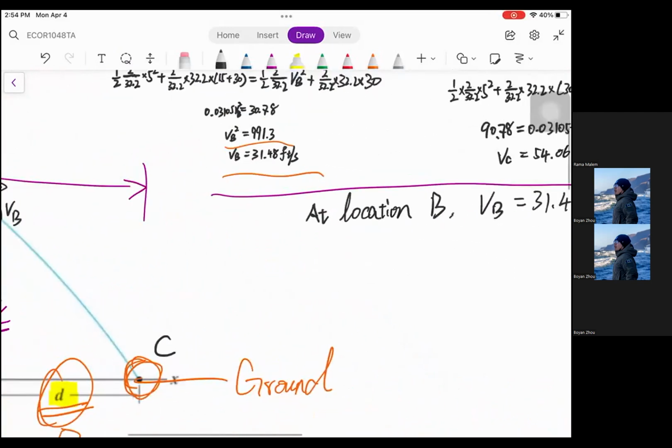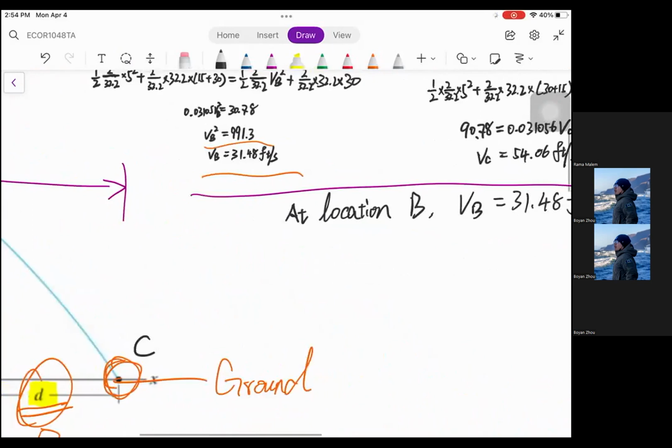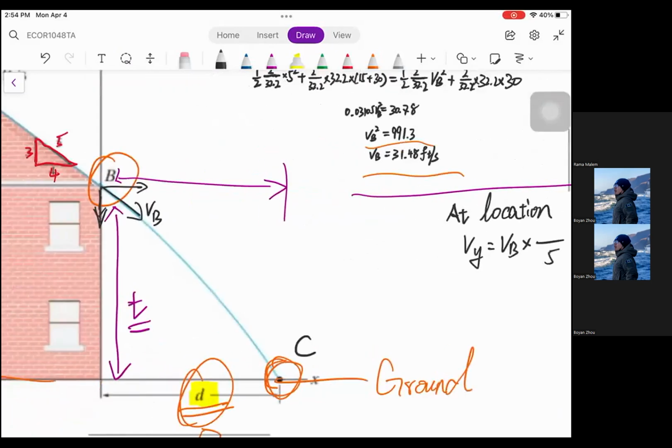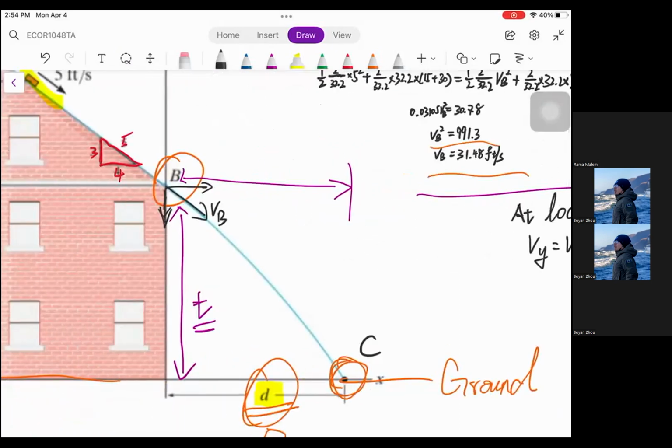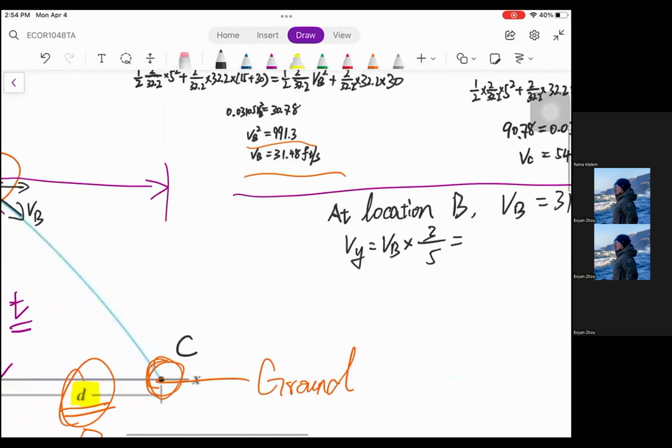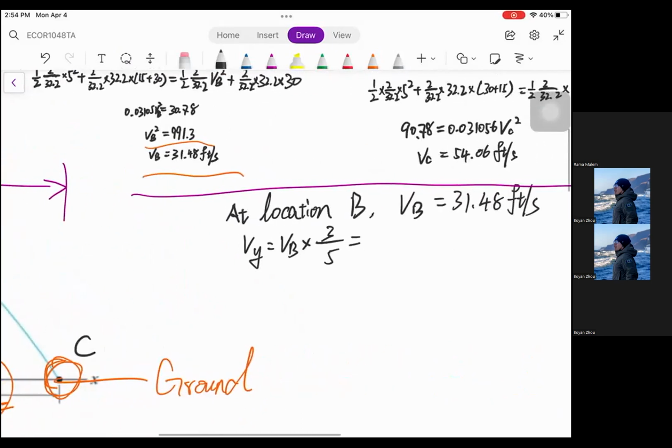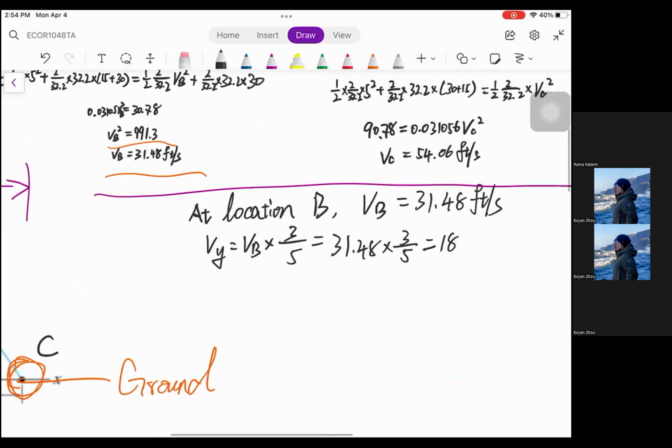From the geometry, in the vertical direction, Vy is equal to VB times 3/5. So that is 31.48 times 3/5, and the answer is 18.89 feet per second.